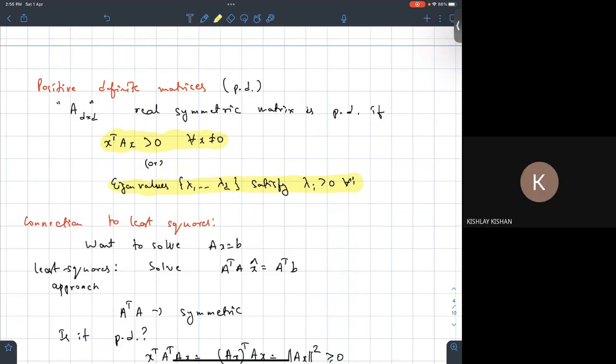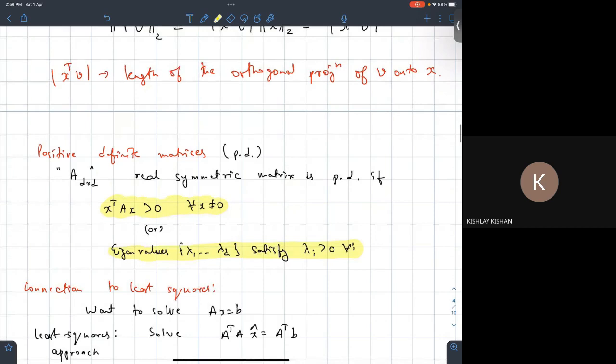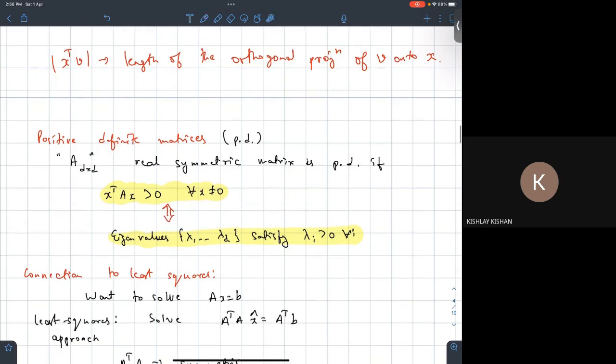Sir, you had 4 conditions, if I remember. Yeah, I'll just work with these two for geometry. So any of the conditions will be sufficient for positive definiteness. Yes. These are equivalent, so you can replace this by an equivalent. It goes both ways. You can use any one to define the other.